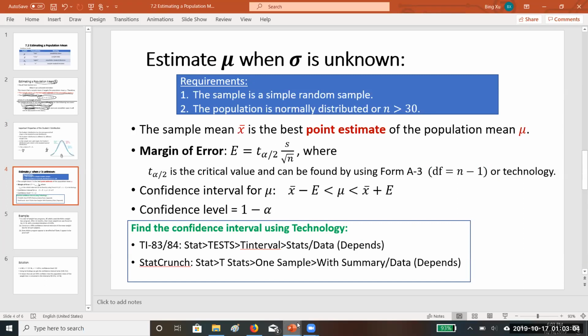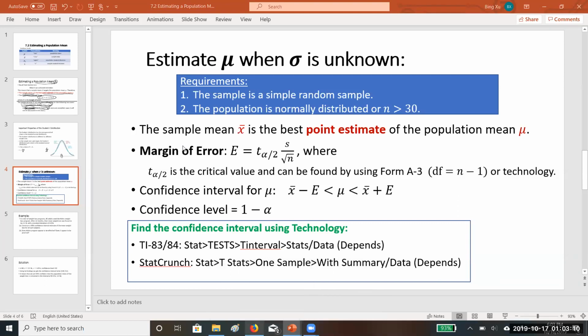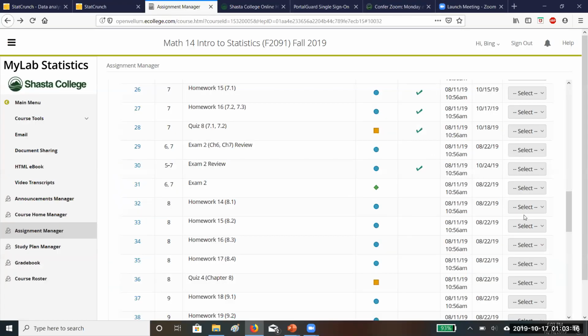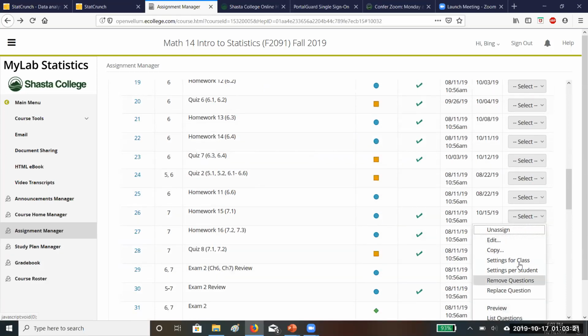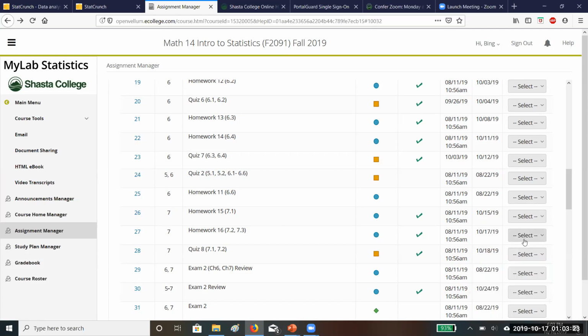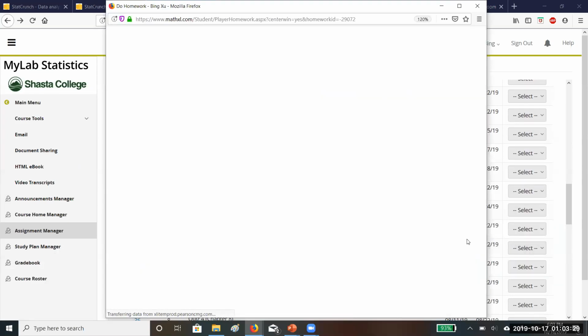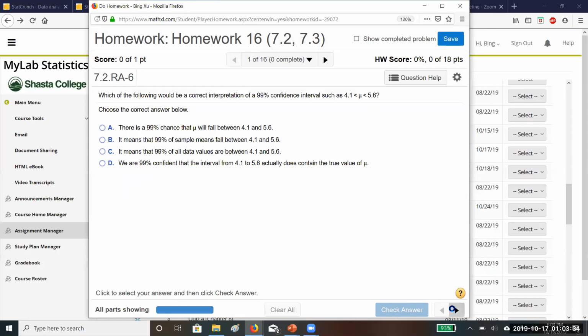Let's look at one example actually from our homework. So let's see. Which one would that be? Okay, so can you see the homework?